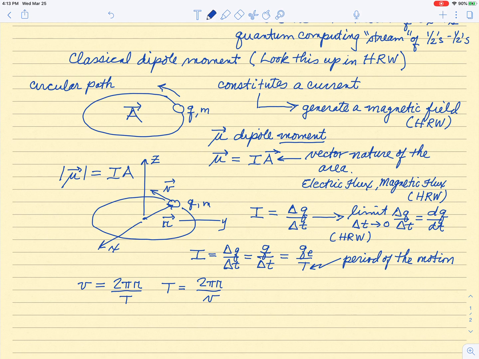And then we can plug that into here, and we get that the current is going to be q over 2 pi r over the speed. And I'll write it this way first. And so the speed is in the denominator of the denominator, and so that comes upstairs. So that's going to be qv over 2 pi r.